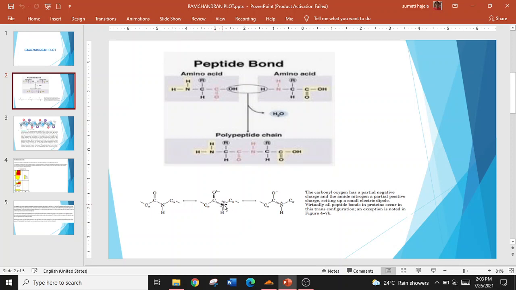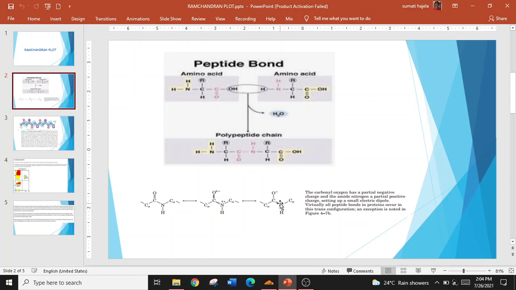In this resonance, at some time the double bond is here, while at other times the double bond is here. So because of the presence of this partial double bond character, these occur in a rigid plane, and this bond cannot rotate freely.